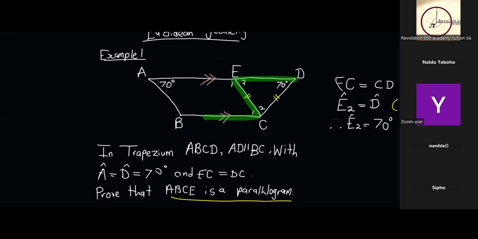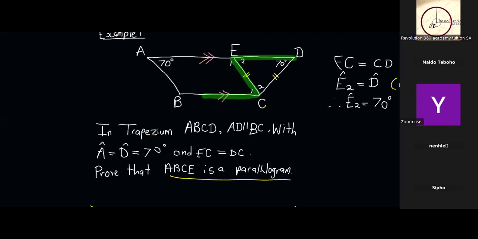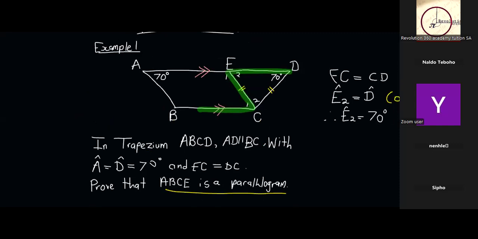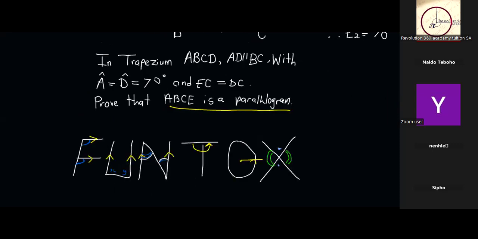It's because we'll be taking it from the diagram: the green Z means alternating angles from this term fun talks. If you can understand these terms, there's no way you can struggle with Euclidean geometry.